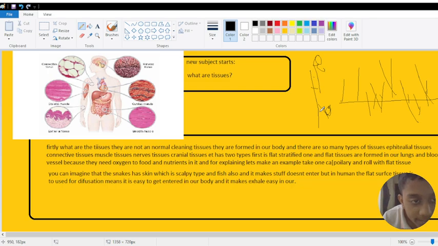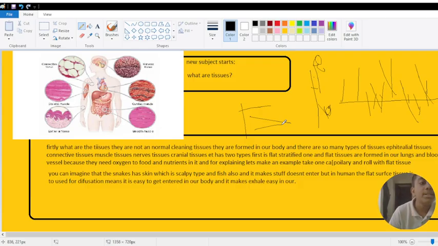And then we have cardiac muscles. Cardiac muscles are the muscles present on the surface of the heart. The heart needs blood to pump, that's why the cardiac muscle has fat layering, around 2 to 4 centimeters of layering, and the layer has flat types.